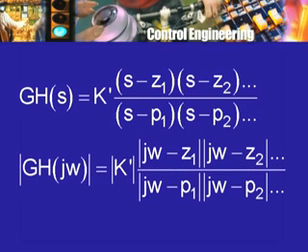In the denominator, modulus of (j omega minus P1), modulus of (j omega minus P2) and so on. In fact, this is what we did earlier. These are then lengths of vectors from zeros to j omega, lengths of vectors from poles to j omega. Take the product of these, divide by the product of these, etc., etc. Now, this is where our engineering way of thinking or approach comes into play.